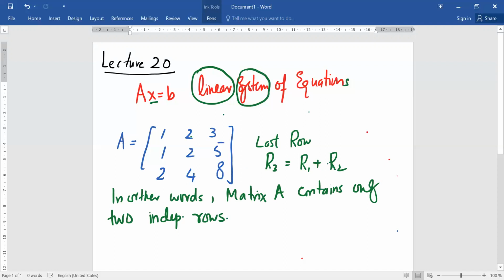If I know R1 and R2, I can make R3. So if a row can be made as a linear combination of the other rows, then that row is not considered to be independent. So this 3rd row is a dependent row.